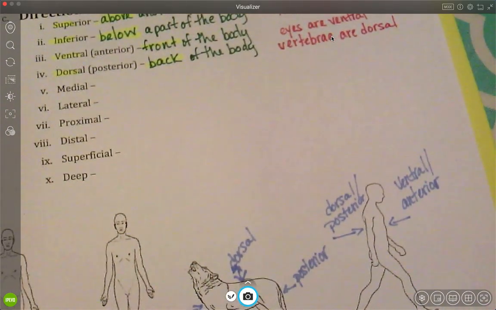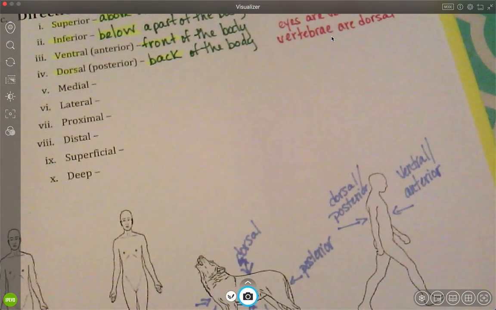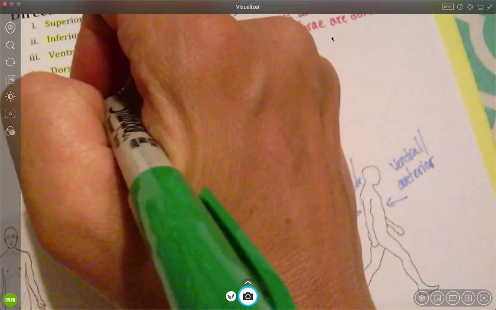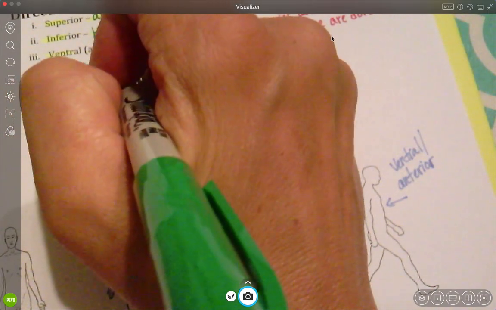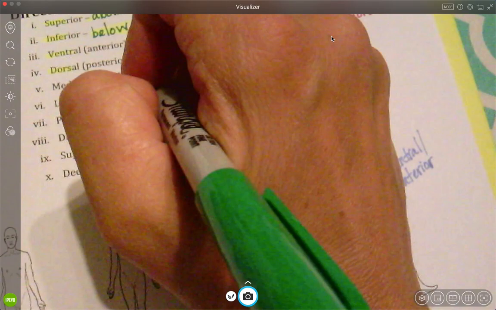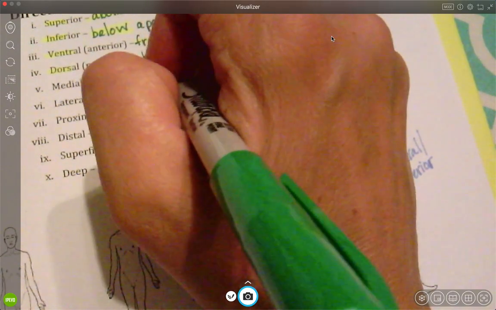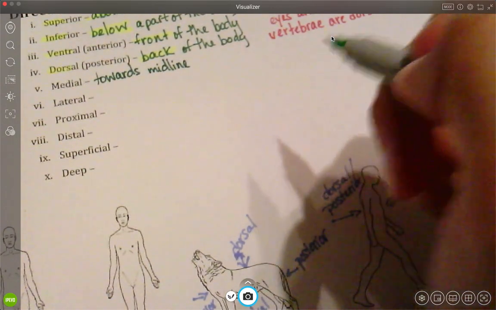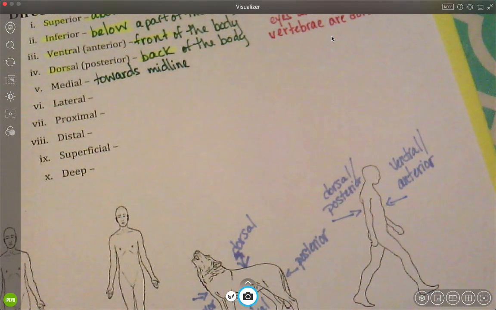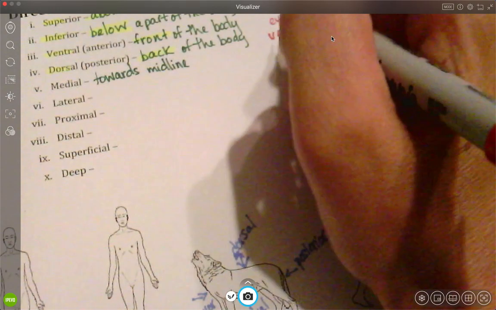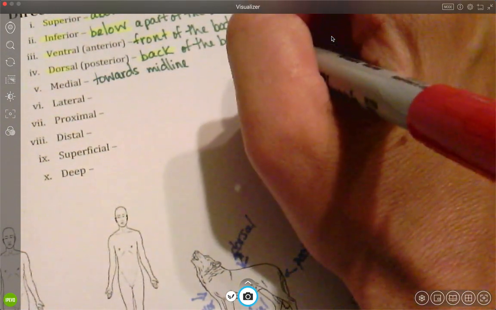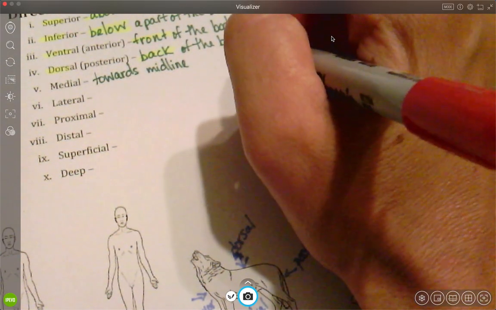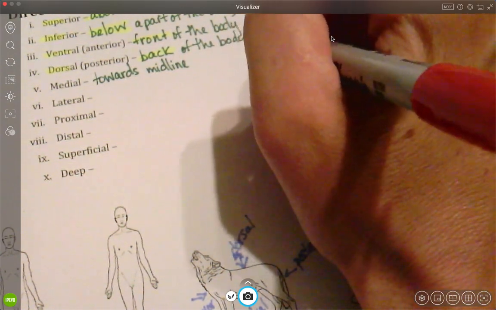The next one is medial. So we said med is middle. So towards, and we're going to use the word midline, which means the middle of the body if you could draw a line straight down. All right, so an example would be something near the midline, as I could say my navel or belly button.